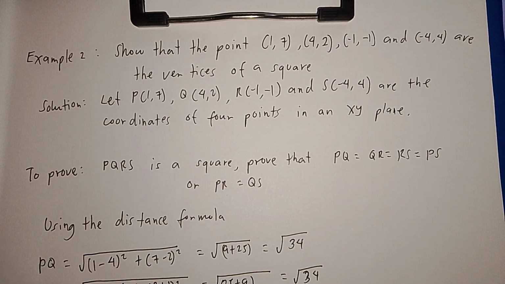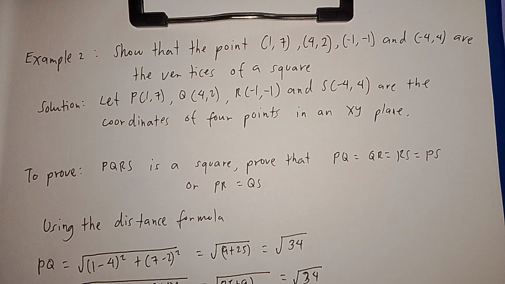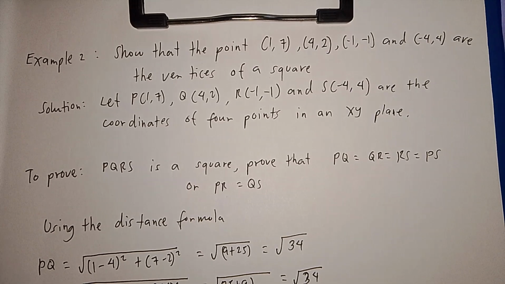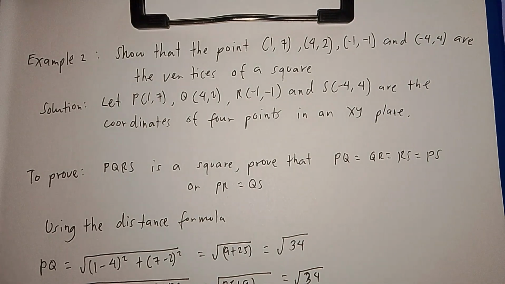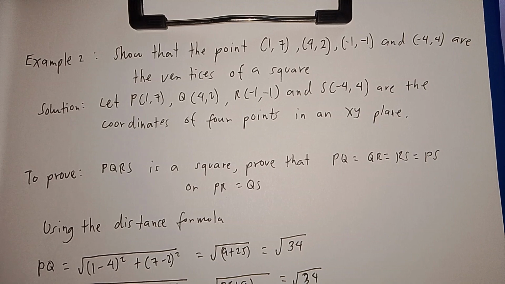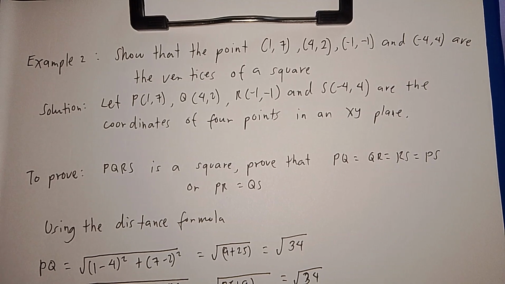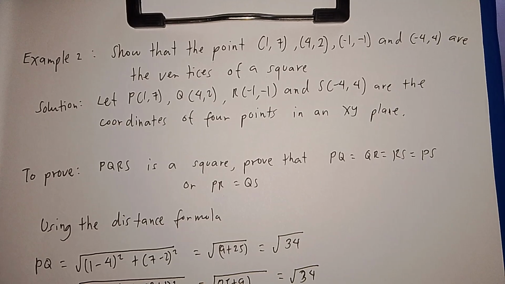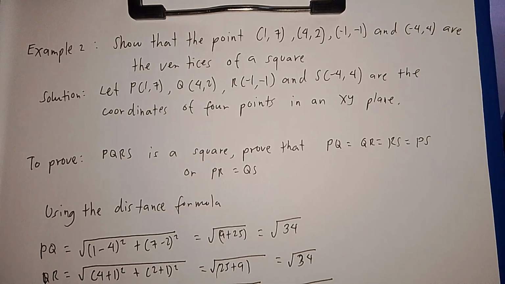So first we are going to substitute the given coordinates. We use the distance formula, which is the distance is equal to the square root of x sub 2 minus x sub 1 squared plus y sub 2 minus y sub 1 squared. So in the side PQ is equal to 4 minus 1 squared plus 2 minus 7 squared.